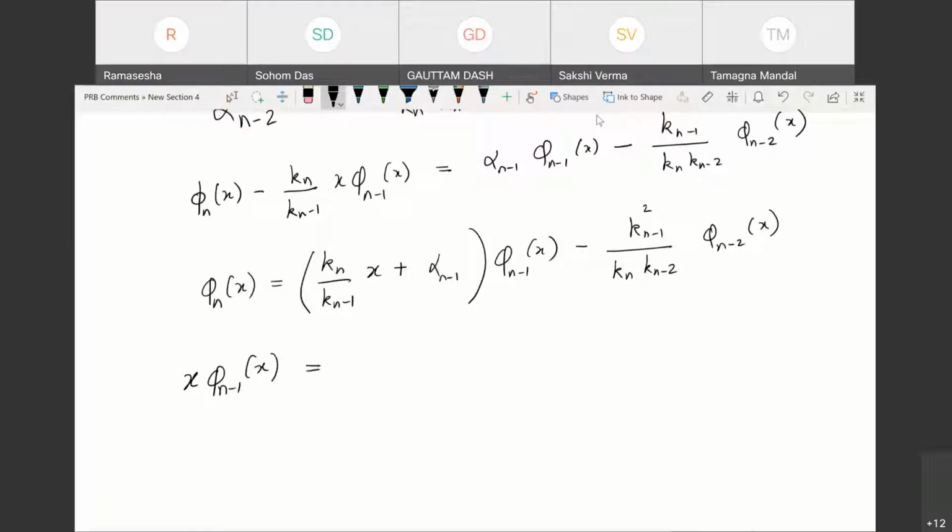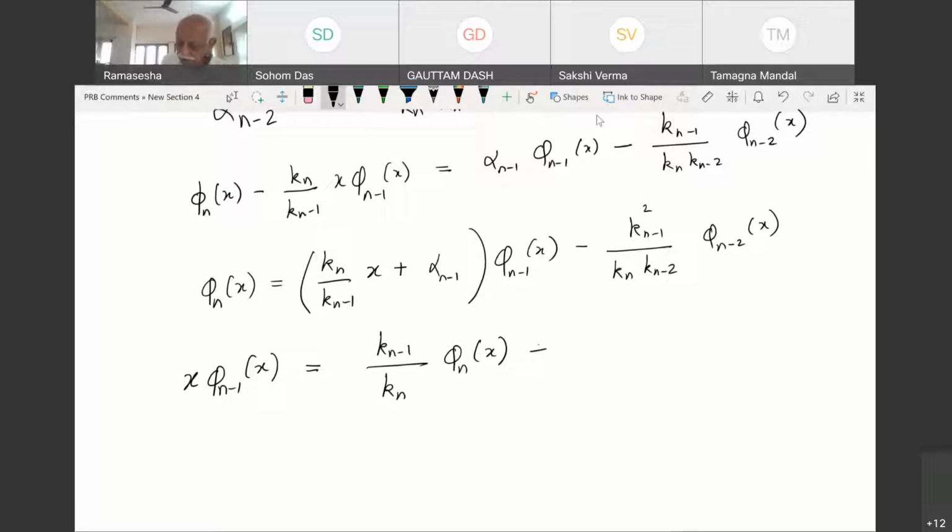I will multiply the whole thing by k_n, take it to the left hand side, multiply by k_{n-1} by k_n, so I will get k_{n-1} by k_n P_n(x), and when I multiply by k_n this part gets divided by k_{n-1} by k_n.